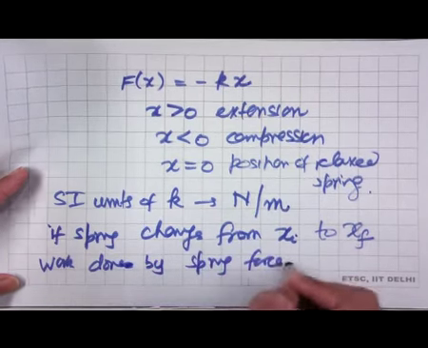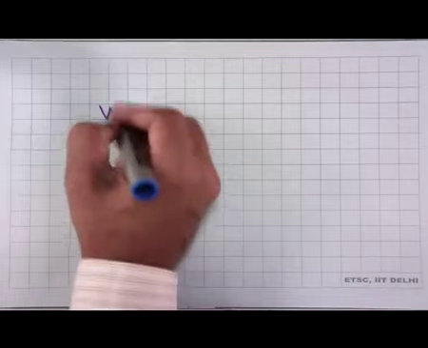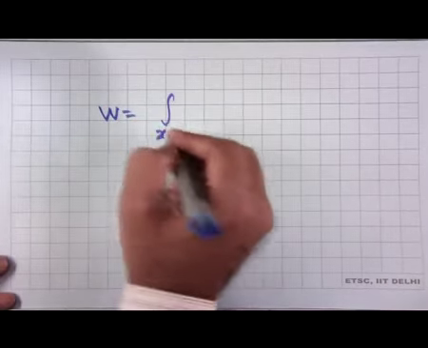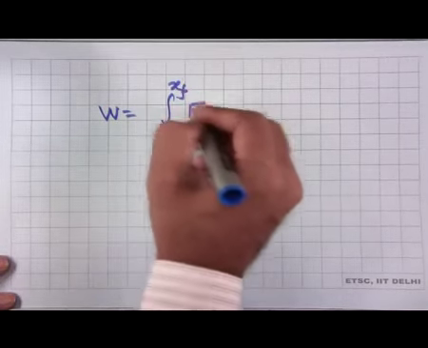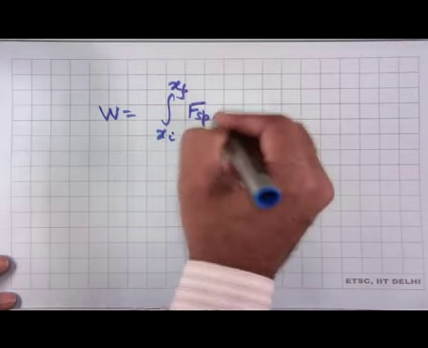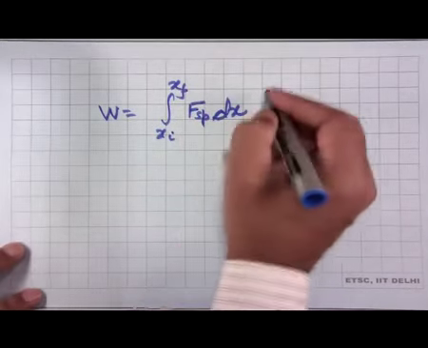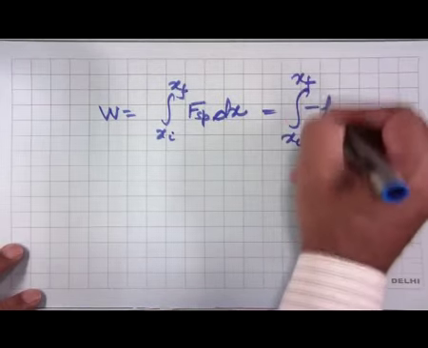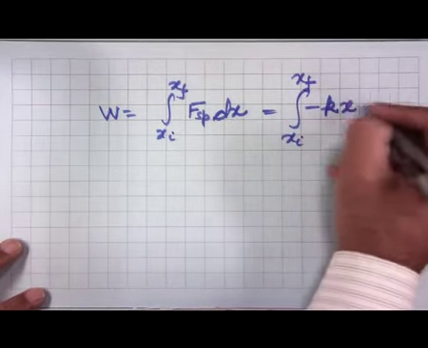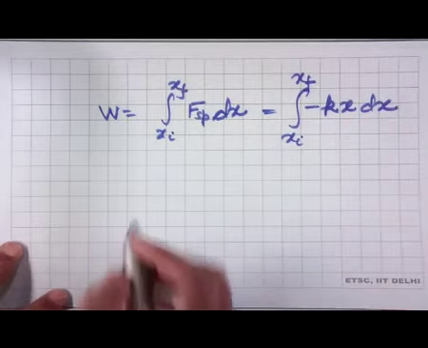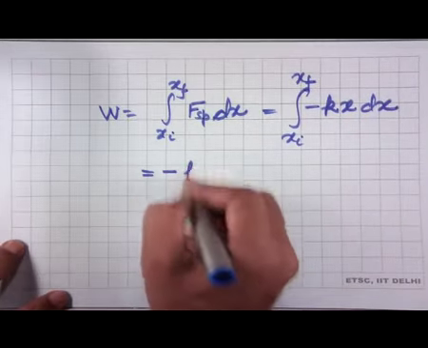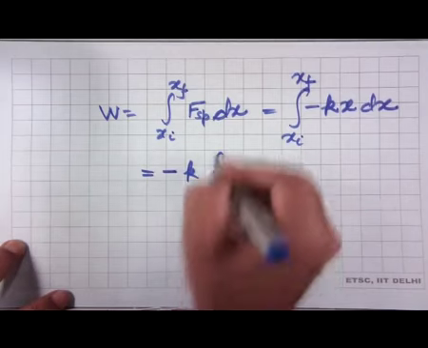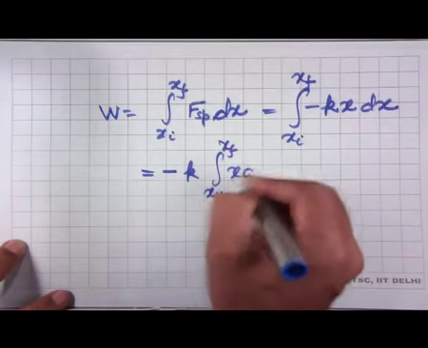If the spring undergoes the change of configuration from xi to xf, then the work done by the spring force will be equal to the integral from xi to xf of the force due to the spring times dx. So, this will be the integral from xi to xf of minus k times x dx. So, this becomes equal to minus k times the integral from xi to xf of x dx.